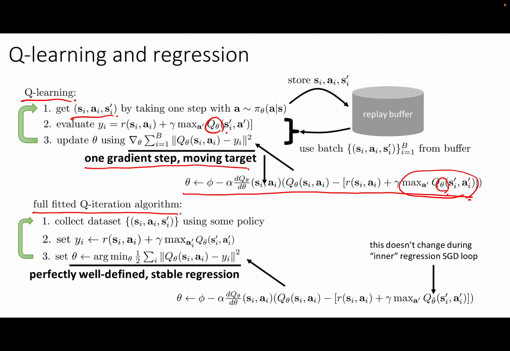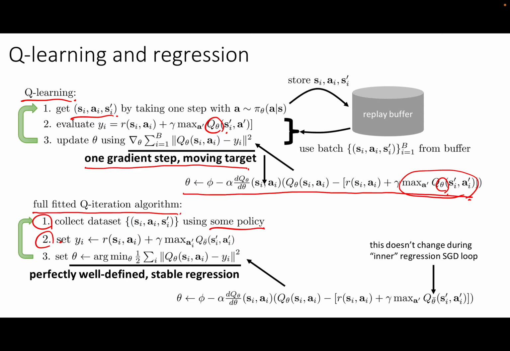This is called the fitted Q iteration algorithm. The first and second steps are the same: we collect data using some policy. It seems a little ambiguous, but we can use our training Q function as the policy, or some off-the-shelf policy function.